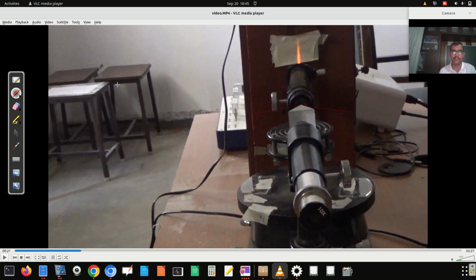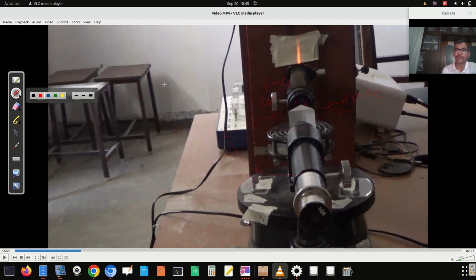Just a minute. So this is the reflected ray of light. What we will do, we will bring this telescope here and try to see this radiation, and then we will note down the reading of this Vernier V1 for phase 1. Let us call it the first phase, and this is the second phase. So we have to measure this angle theta.